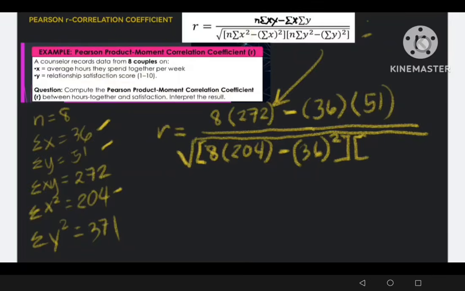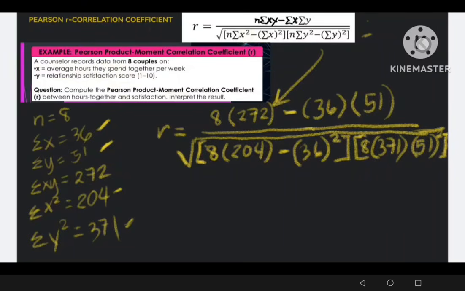Open again. The value of n is 8 times summation of y squared. As you can see, summation of y squared is 371. And then, minus summation of y here, that is 51, close, and then to the power of 2, and then close parenthesis. Okay?